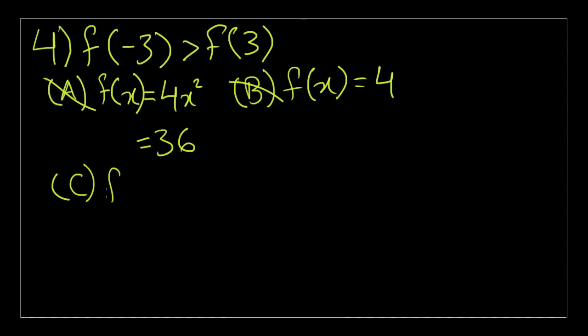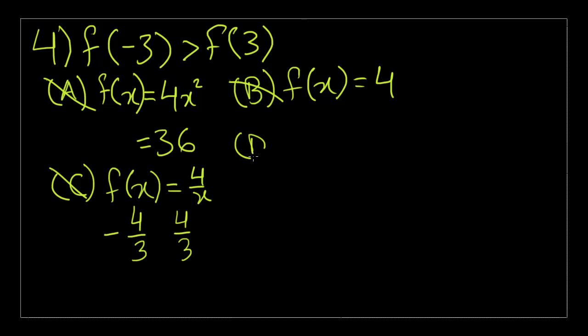No, that's choice C. F of x is equal to 4 over x. If we were to use f of negative 3, that would be 4 over negative 3 or minus 4 over 3. If we use just 3, it would be 4 over 3. In that case, f of 3 would be greater than f of negative 3, which is wrong. That doesn't meet the requirements.